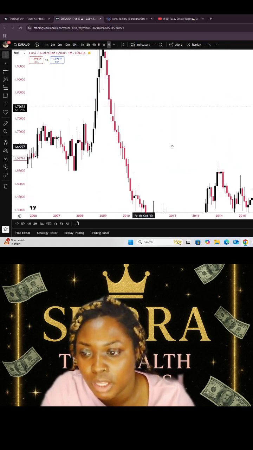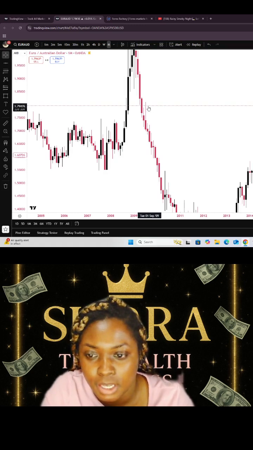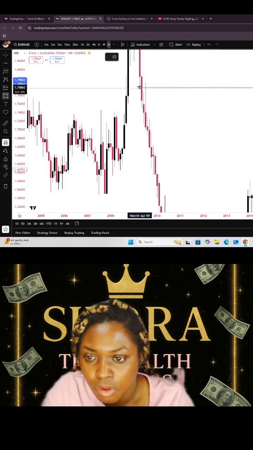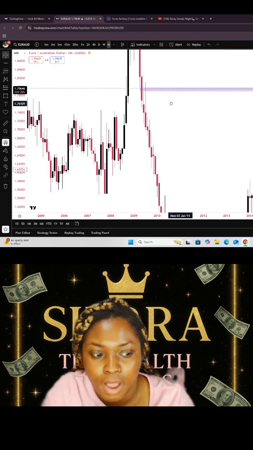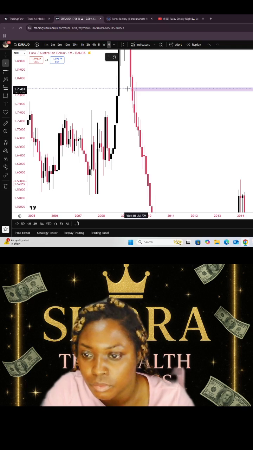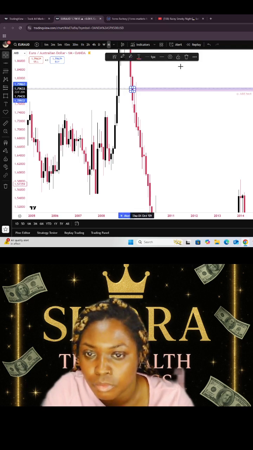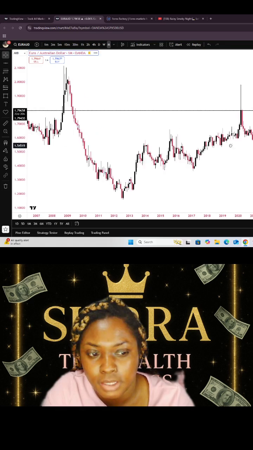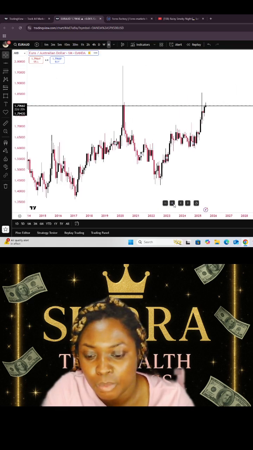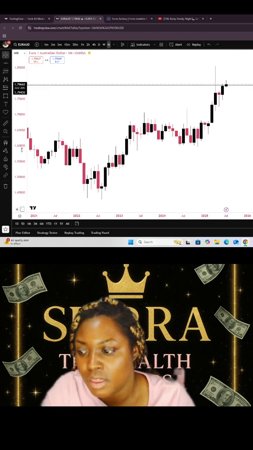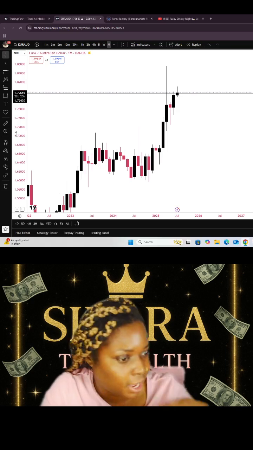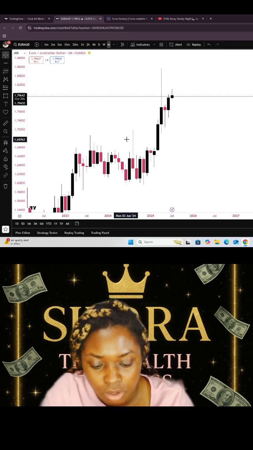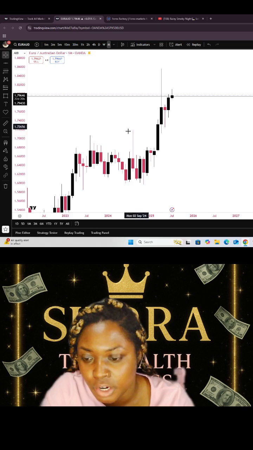All right, so as I'm looking to my left, I see that currently right here where price is, I have a fair value gap. So I'm going to mark this fair value gap up. Okay. And then I'm just going to come back over to current price. And then also, I like to trade something called CRT, which is candle range theory.